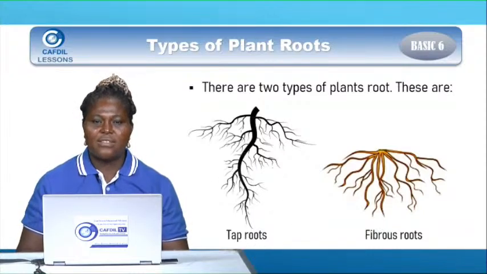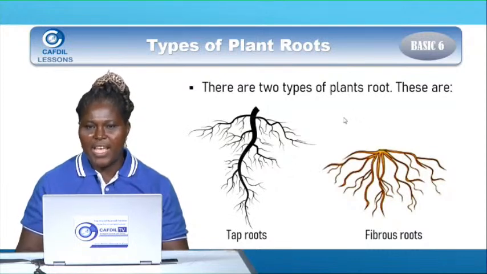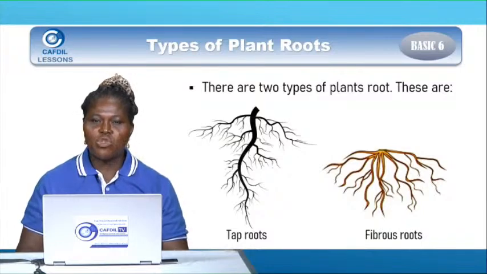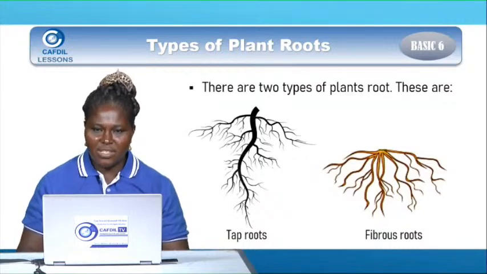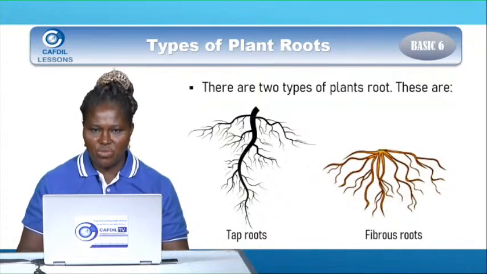Now we have a picture of the tap roots on our screen. And the second one is the fibrous roots. So there are two types of plant roots, and these are tap roots and fibrous roots.